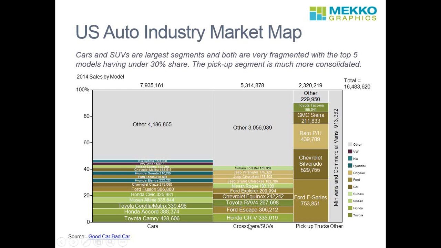The crossover SUV market is more mixed between US and Japanese manufacturers and also relatively fragmented, whereas the pickup market is dominated by US firms, Ford, Chrysler, which I guess is still a US firm, and GM, with Toyota just trying to get in there with a little under 10% of the market.